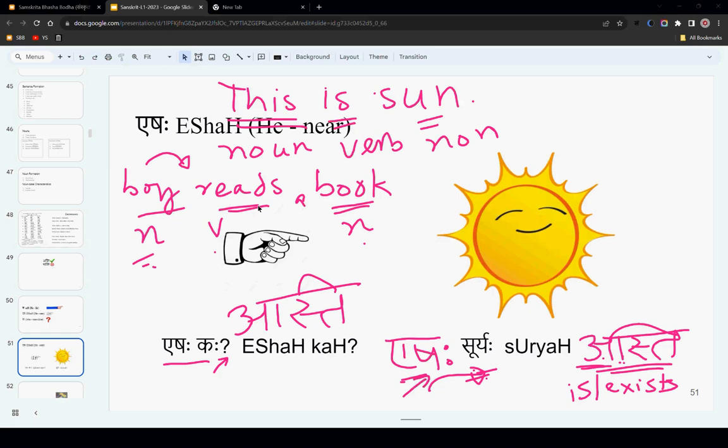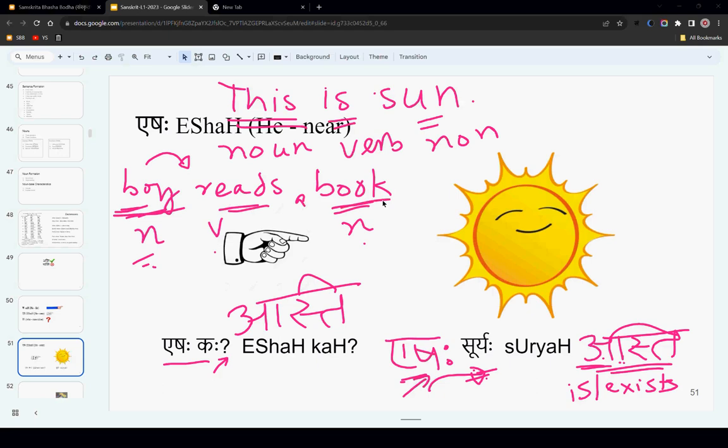But let's focus on the order here. The boy is performing the action. So that has a certain relationship with the noun. And what is that relationship called? Both are nouns, right? Boy is also a noun, book is also a noun.